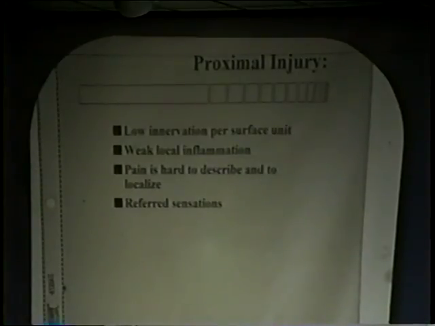If you take a look at the distal injury, it is completely the opposite. We have a high innervation per surface unit. We have a strong local inflammation. And the pain is really localized, easy to describe, with minor referred sensations, because we have more nerve endings.